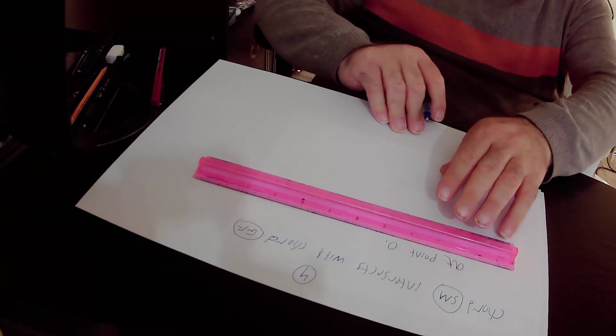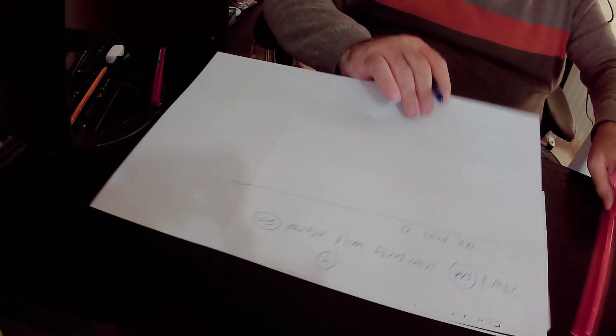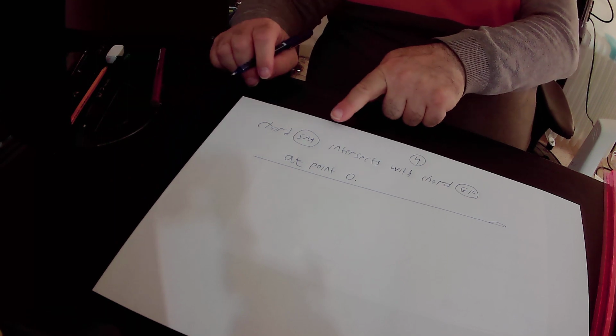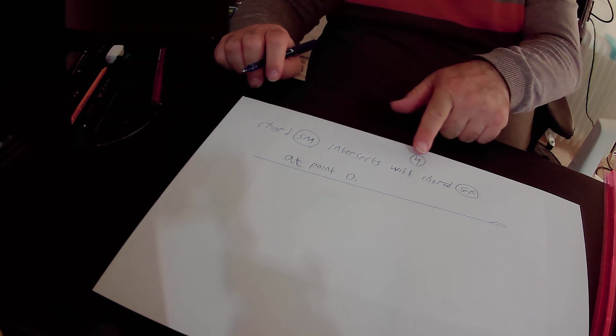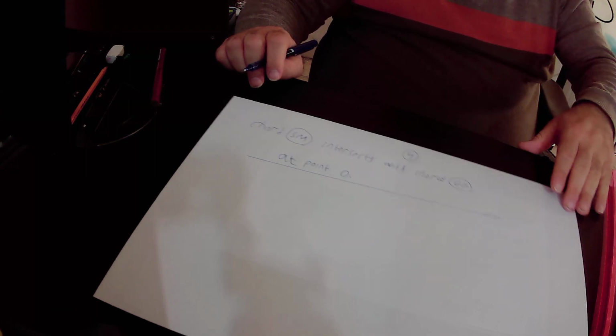I will repeat again. In our drawing, we have chord SM intersects with chord GF at point O. Point O is the intersection point.